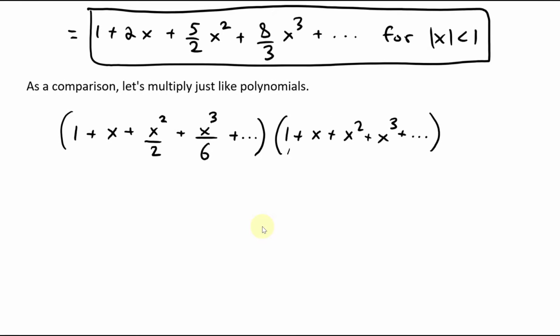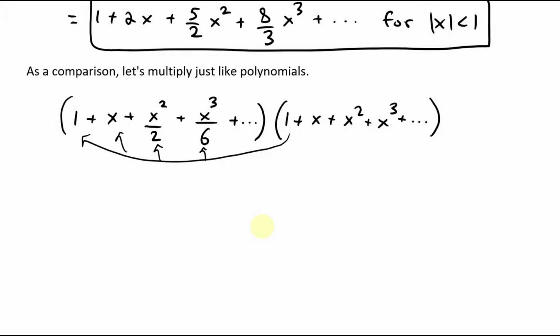So the first one's going to be, well, 1 times it across there to each one. And then the next one's going to be the one after. So let's do the first one first, and then collect like terms. So it's going to be 1 times 1 is 1, plus 1 times x is just x. So we write exactly the same thing there. X squared plus x cubed, like that, over 6, plus dot dot dot.